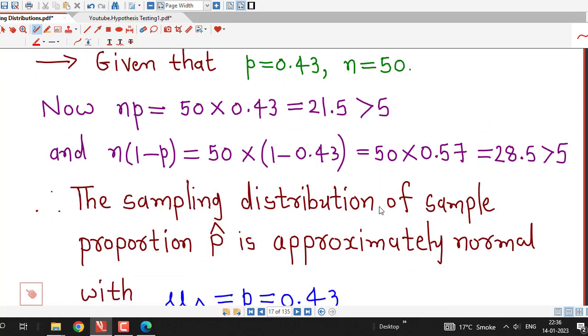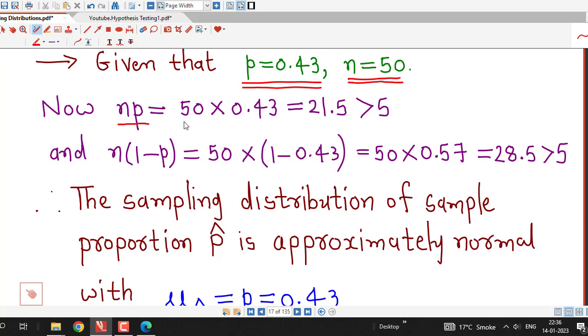So I have written all these things systematically here. Given that the population proportion is 0.43, it is given that 43% of Americans own an iPhone. Therefore the population proportion is 0.43, and they are considering a survey of 50 Americans, so the sample size is 50.